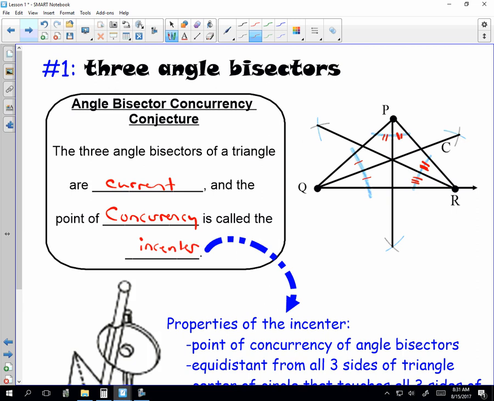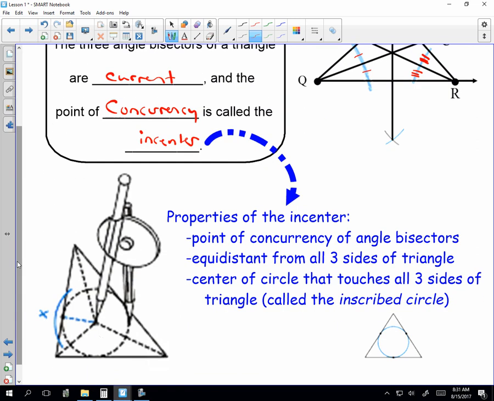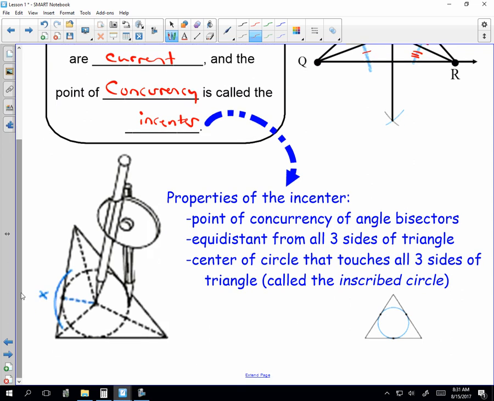Now there are some important properties of the incenter. These are pieces that we're going to be looking at as we go through, and a lot of your problems are going to have you identify what type of point of concurrency this situation is. So when we look at the properties of the incenter, it is an angle bisector of all three angles.